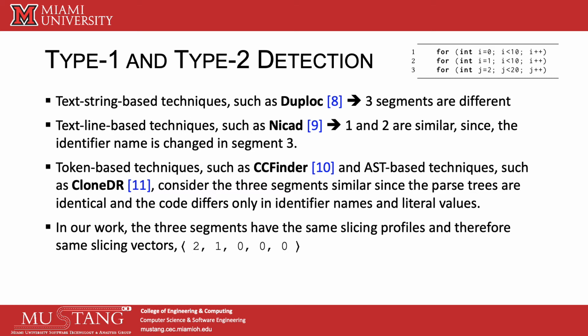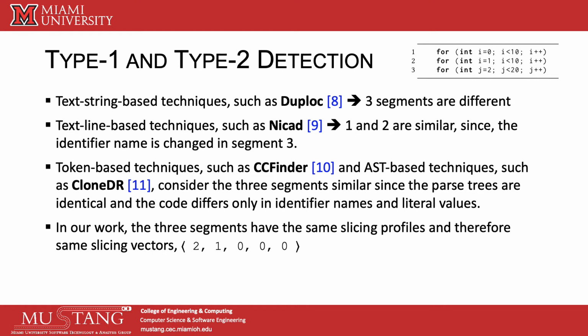And here's a quick example. Now if you compare this code to the top right corner, with text string based techniques, the 3 segments are different because they have different values, and the variable changes its name in segment 3.